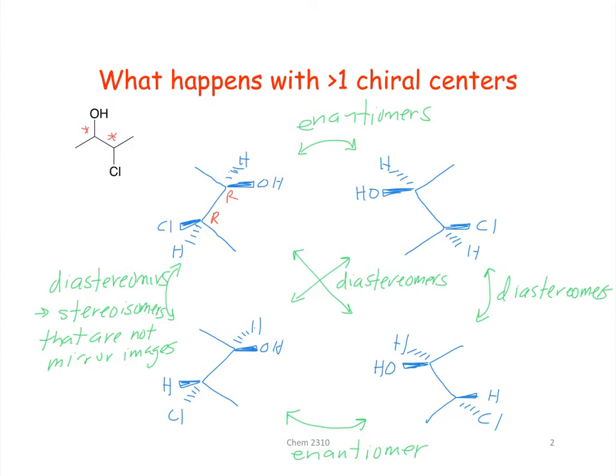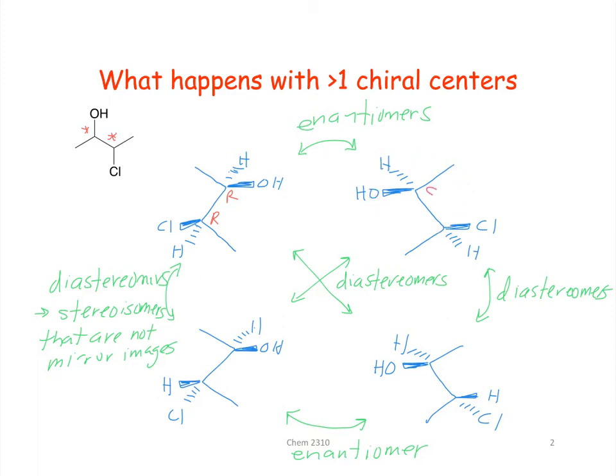All right? So when we make a mirror image, we just reverse them, and we can check that out too. We'd have again OH is 1. This carbon with the chlorine is 2, methyl is 3, 4 is in the back. We're going counterclockwise.